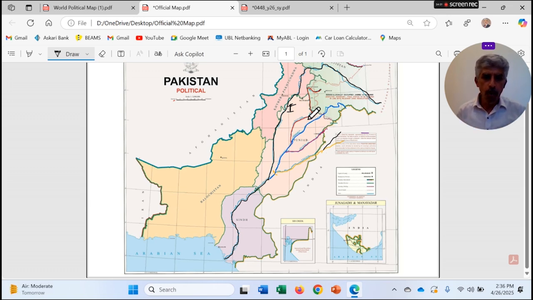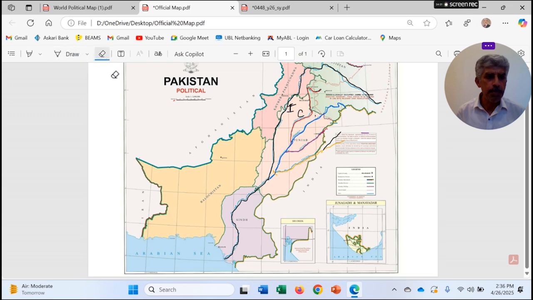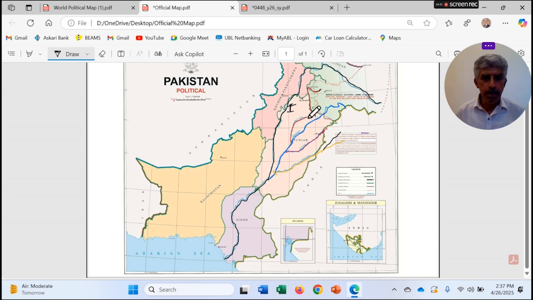So if we talk about now the 5 rivers except Indus: Jhelum, Chenab, Ravi, Beas and Sutlej. All these 5 rivers except Indus, they join over here, that is Mithankot, district Muzaffargarh, South Punjab.